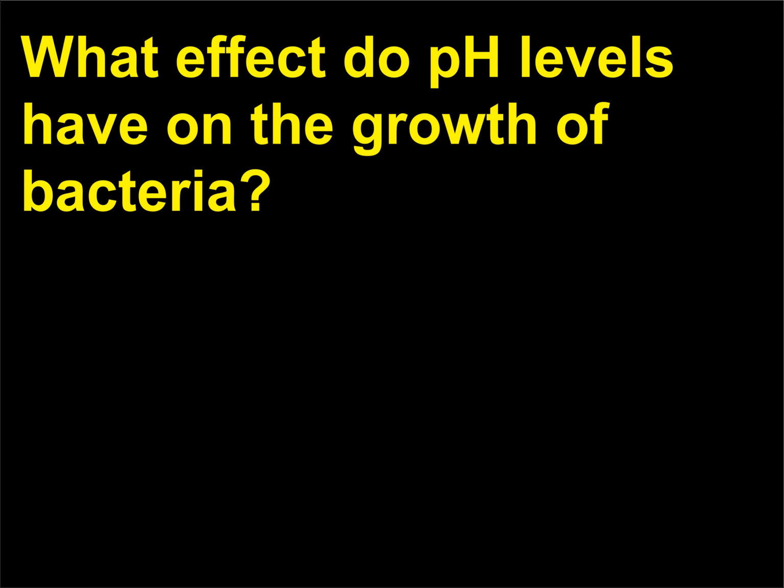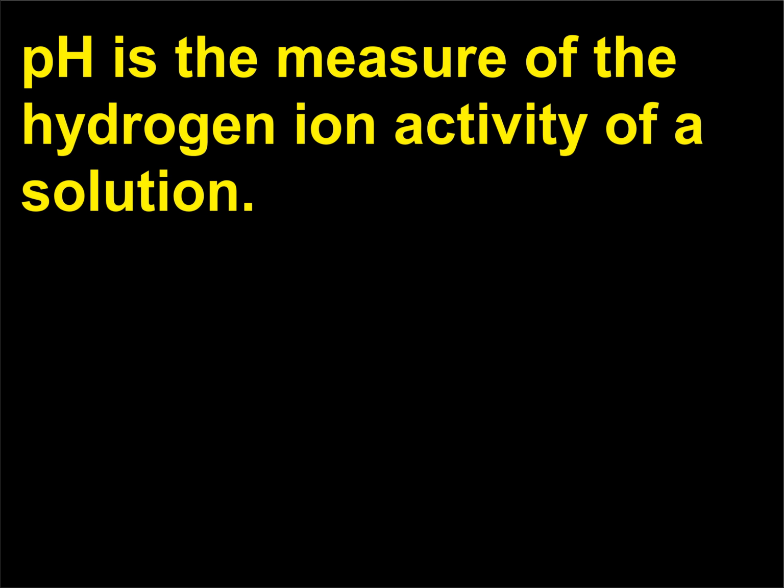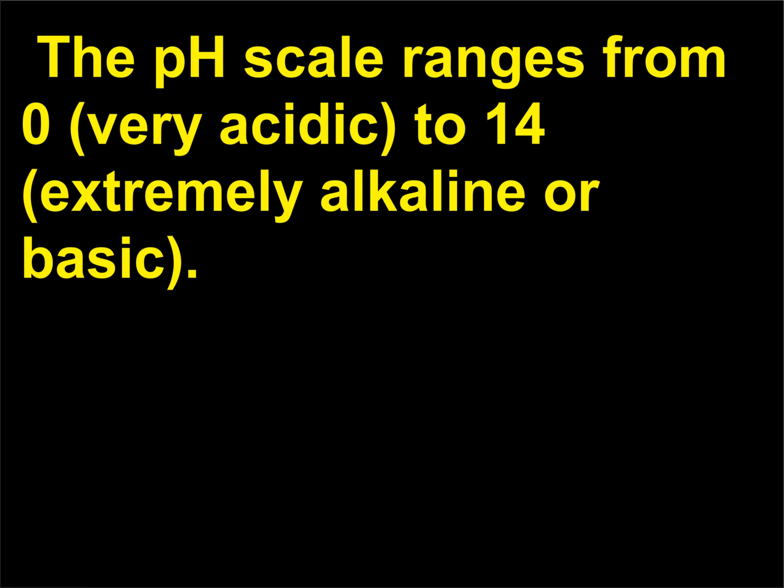What effect do pH levels have on the growth of bacteria? pH is the measure of the hydrogen ion activity of a solution. The pH scale ranges from 0, very acidic, to 14, extremely alkaline or basic.